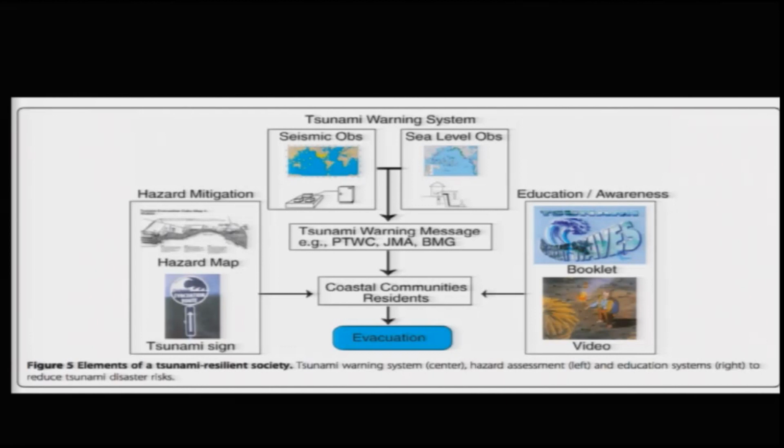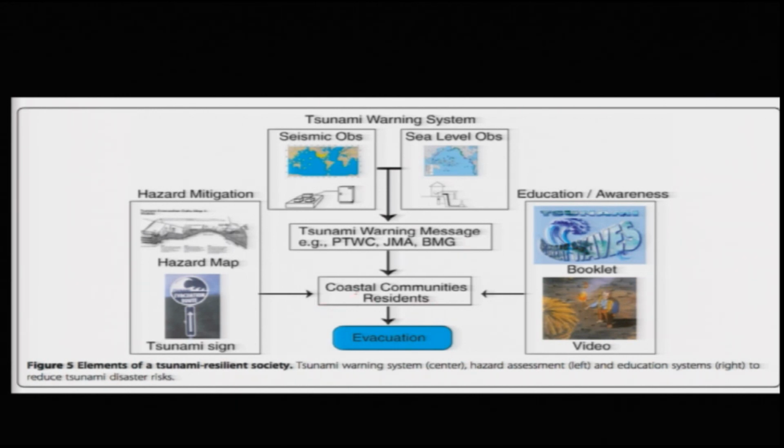So, how the tsunami warning system works is that you have the seismic observations as well as the sea level observations, which are taken into consideration by the installation of gauges or buoys, and with the help of that you issue the tsunami warning to the local agencies and the areas which are vulnerable to the tsunamis.